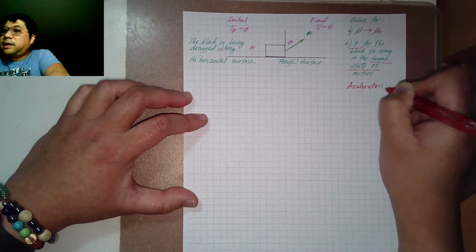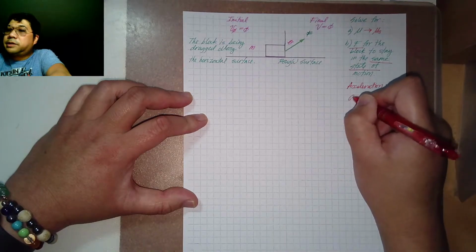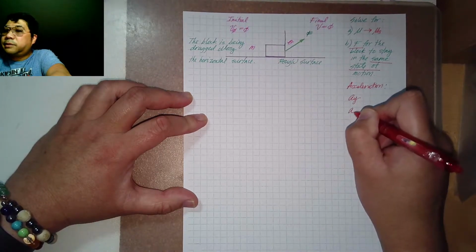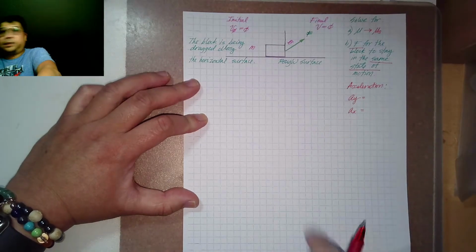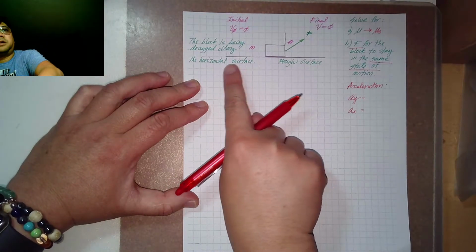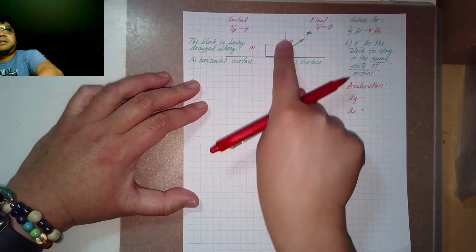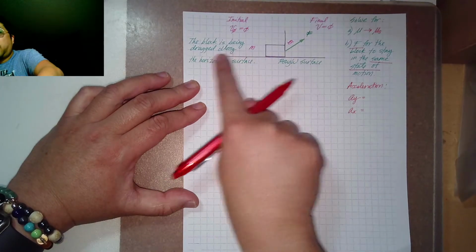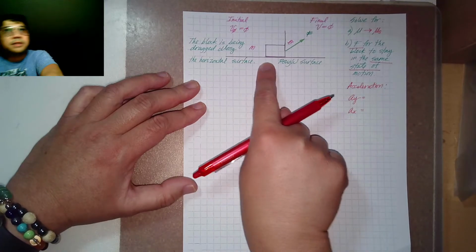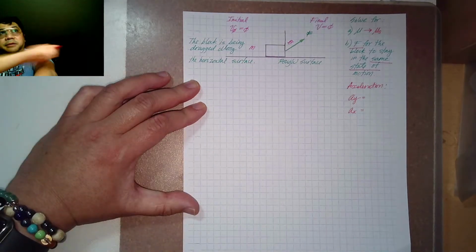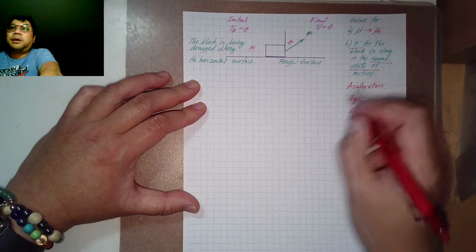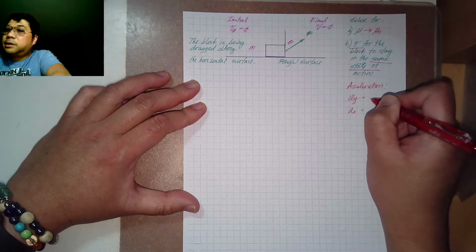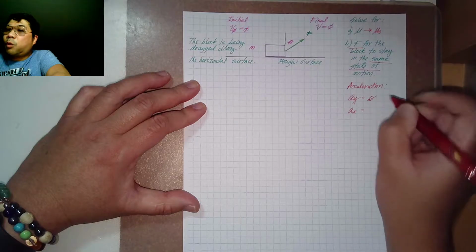So let's analyze the acceleration: the acceleration along the y-axis and the acceleration along the x-axis. Let's take a look at the motion. Since the block is being dragged along the horizontal surface, but that doesn't mean that it's moving along the y-axis, there's no motion along the y-axis.